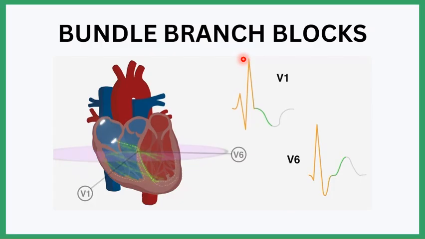And V1 should never, not ever, normally be a tall upright complex. So we have RSR prime in V1 and we have QR slurred S in V6. That is the classic right bundle branch block pattern.